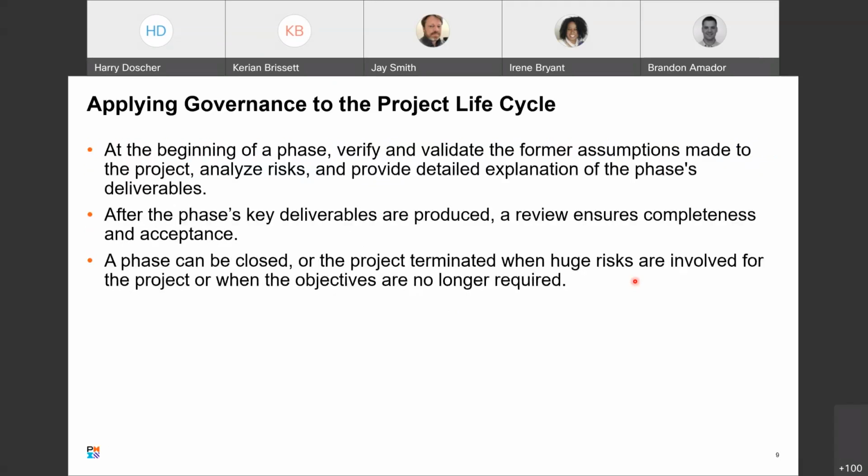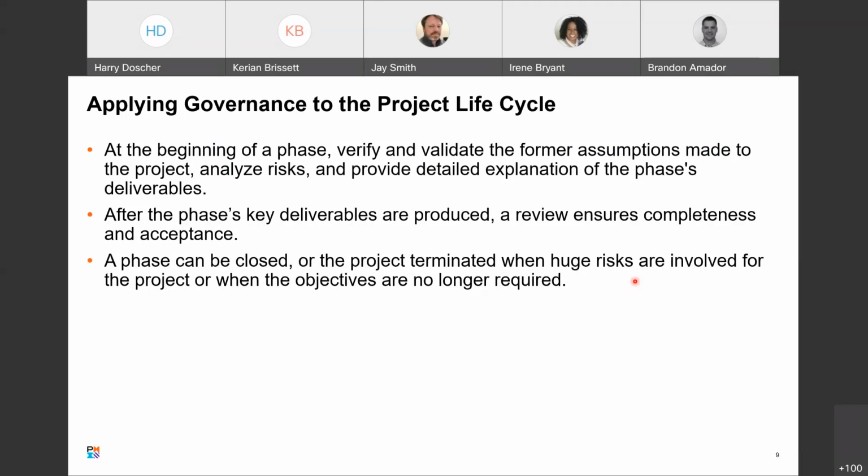And we're going to talk about applying governance to the project lifecycle. So before you start a phase, or when you first start, you verify and validate the formal assumptions made to the project. Okay, what assumptions did you make previously? Are they still valid? Analyze any risks that have come up in the previous phases.